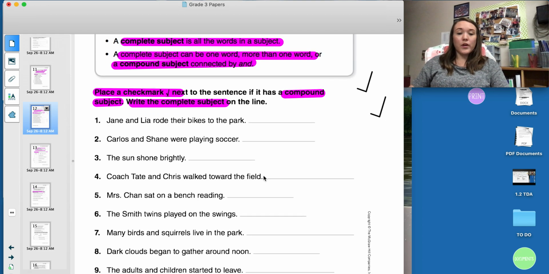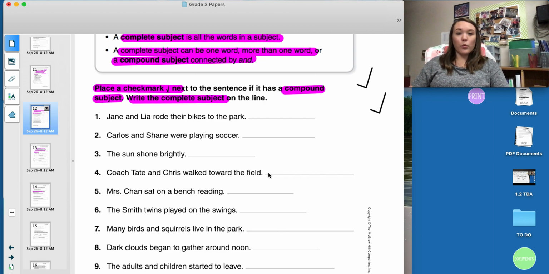For this page, we are going to place a check mark next to the sentence if it has a compound subject. I am going to write the complete subject on each line. We're going to do 3 examples together. Number 1 says, Jane and Leah rode their bikes to the park. First, I need to ask myself if this sentence has a compound subject. Is this sentence about more than one person, place, or thing?